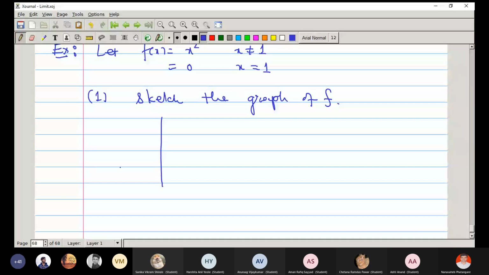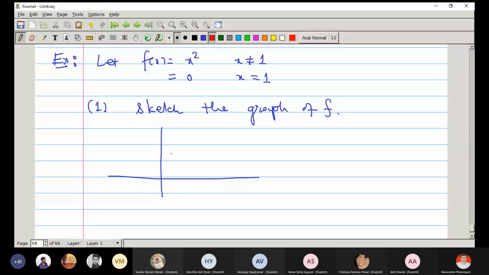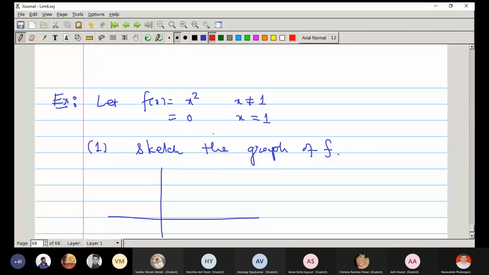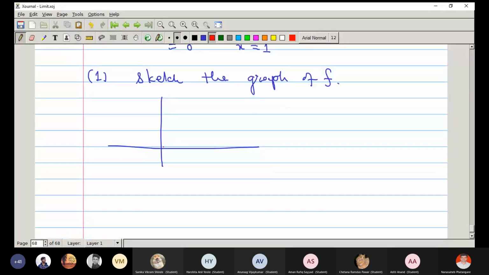I have chosen a very simple function. So f of x is equal to x square, so 1 is here, up to 1, and at 1 there is a break, and after 1 again it is x square. Do you understand?